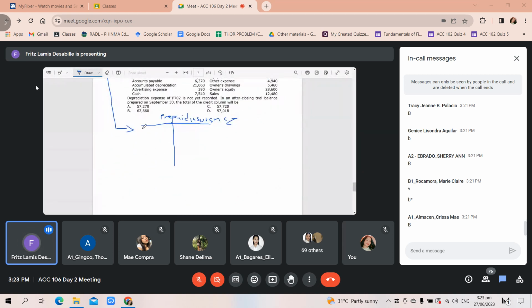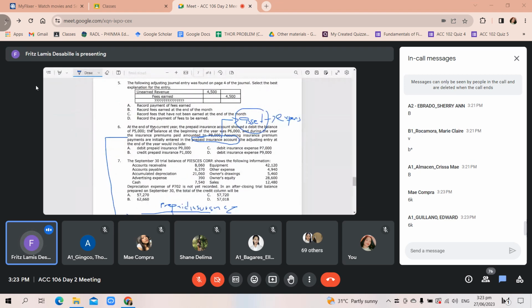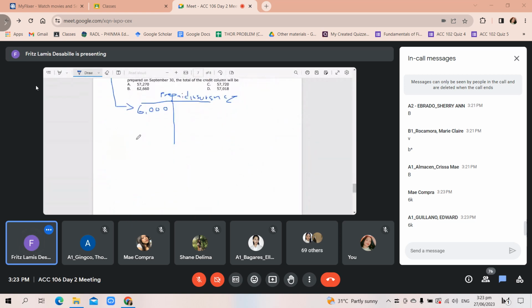So let's put 6,000 here. Beginning, 6K. Na end of the year, ang balance na lang sa atong prepaid insurance kay 5K. So nagsugod tag 6K, nag-end ta og 5K. So unsa ang mga transaksyon nga nag-move ang 6K, nahimo siyang 5K at the end. Nagsugod tag 6, nahimo sag 5.